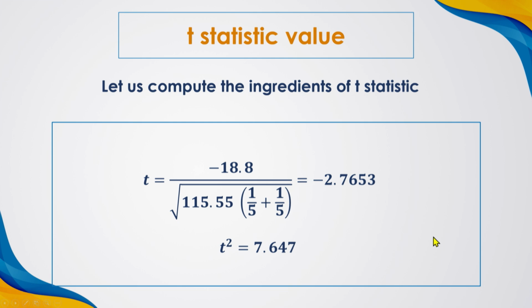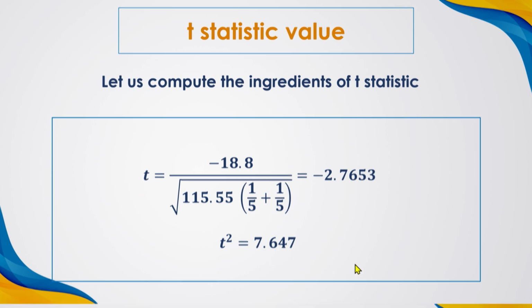The test statistic value will be y1 bar minus y2 bar, which is minus 18.8, divided by the pooled variance 115.55 times 1 by 5, the size of the first group, plus 1 by 5, the size of the second group. This gives you minus 2.7653. When you square the T test value you will get 7.647.